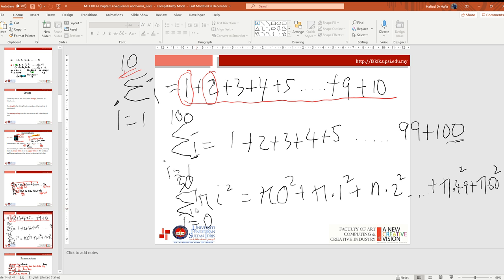If you have 50, it is pi times i to the power of 2, and then we have i equal to 0. So we have pi times 0 to the power of 2, plus pi multiplied by 1 to the power of 2, and so on until i is 50.